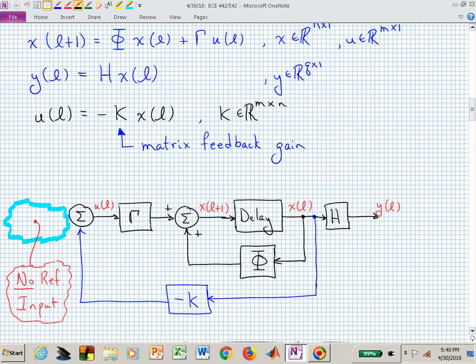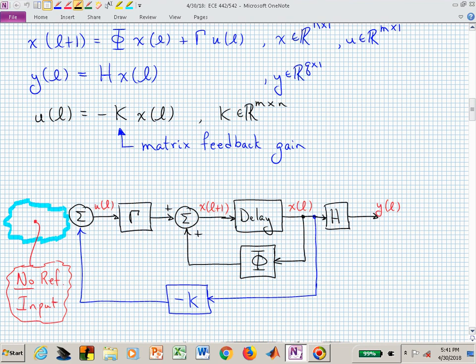I actually like to have a visual of those algebraic equations. This block diagram helps that process. When you see the delay, think of the number of delays as equal to the number of state variable components you have, or N. So that delay block is actually a big block, or could be.